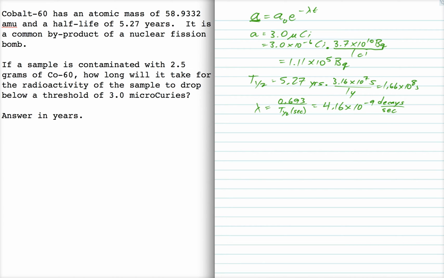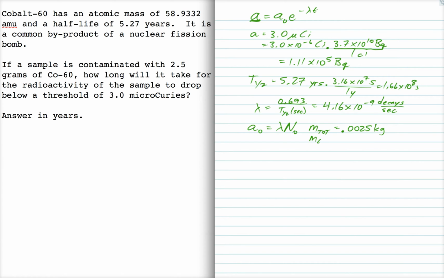Finally, let's get A naught. Let's figure out what that is. So the initial activity is equal to lambda times the initial number. So we can get the initial number because we've got the mass, right? The total mass of cobalt that's present is 2.5 grams, so it's 0.0025 kilograms.